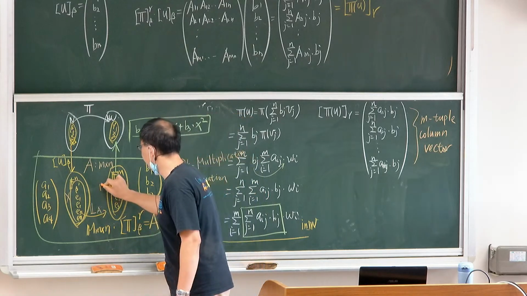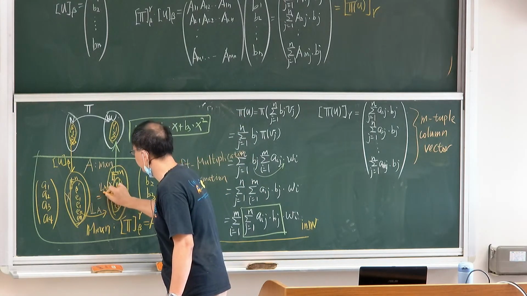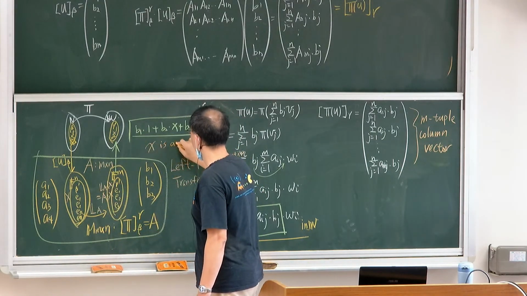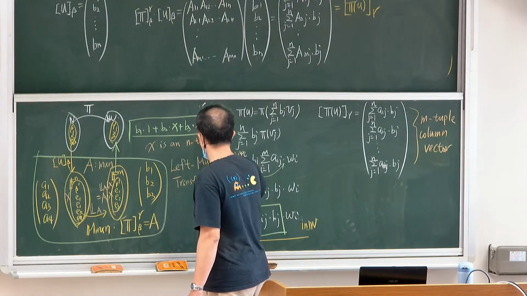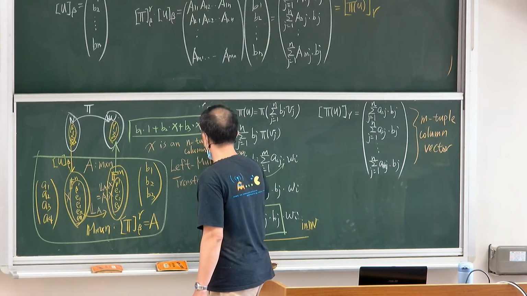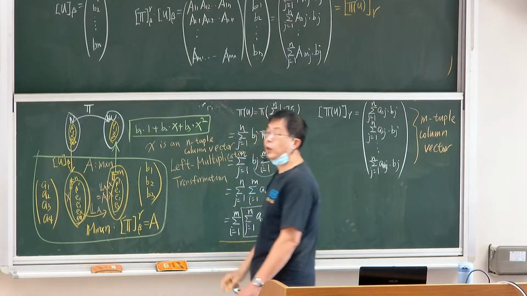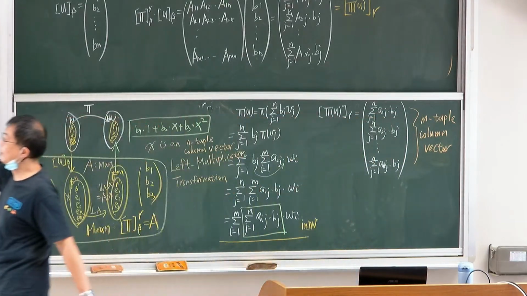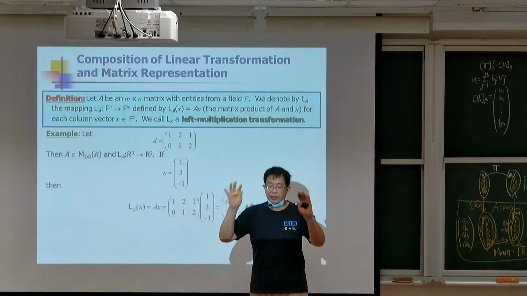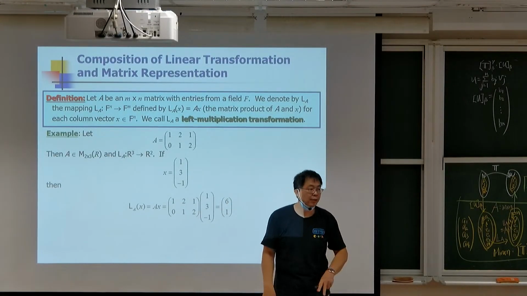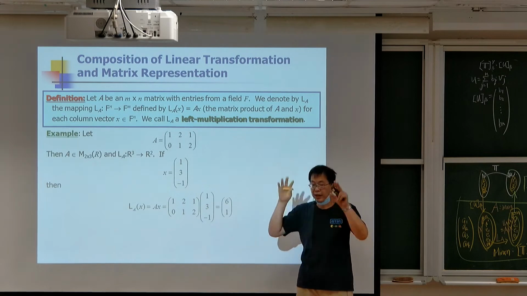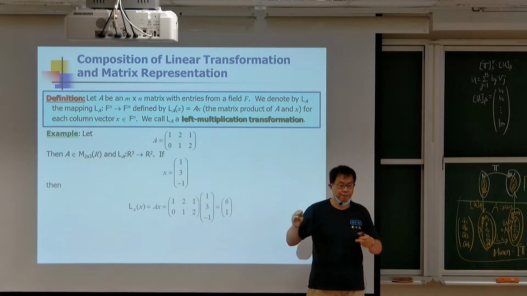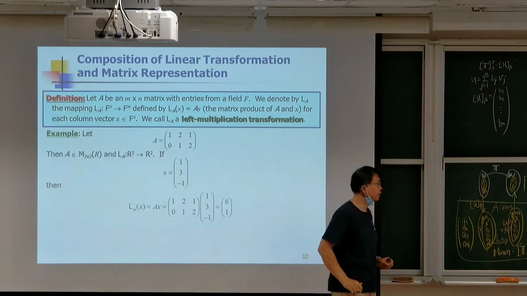And then LA x equals matrix A times x, because right now x is an n-tuple column vector. We only define n-tuple column vectors. So in this left multiplication transformation, all the vector spaces consist of column vectors only. No polynomials, no other vectors, only column vectors.